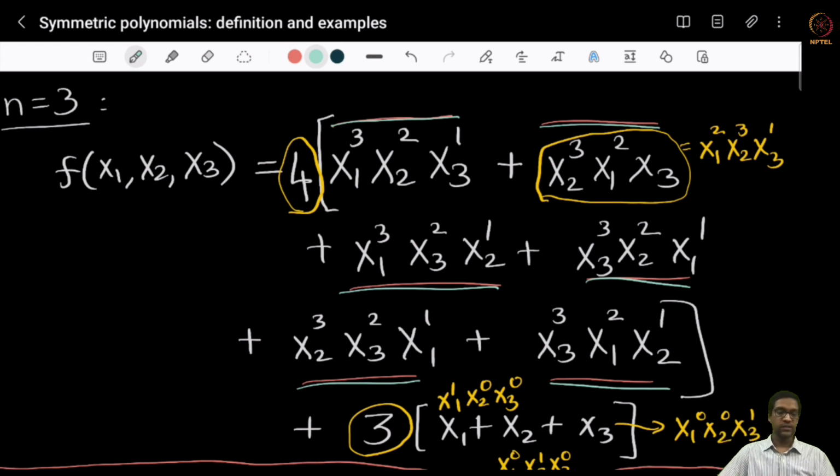So 3 2 1, the powers get permuted. Those 6 terms will all have the same coefficient c alpha. Similarly, these 3 terms x1, x2, x3 are all just permutations of each other, the multi-indices 1 0 0, 0 1 0 and 0 0 1, and those 3 will have the same coefficient.